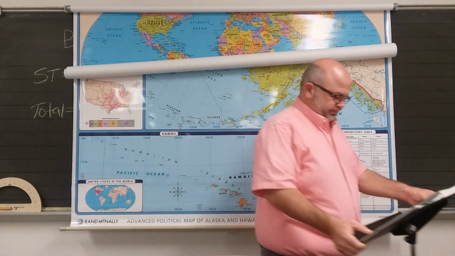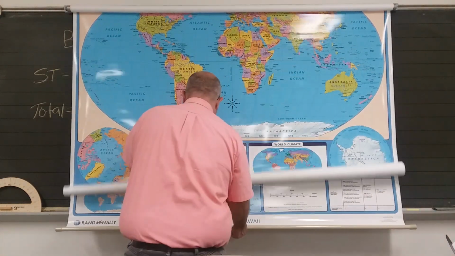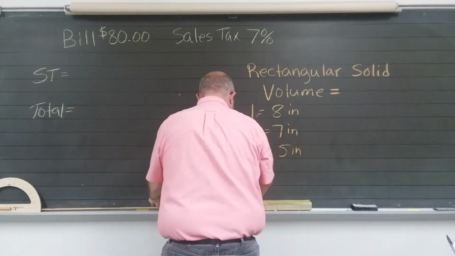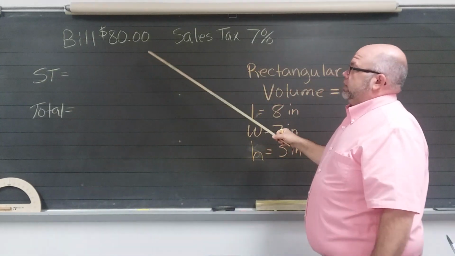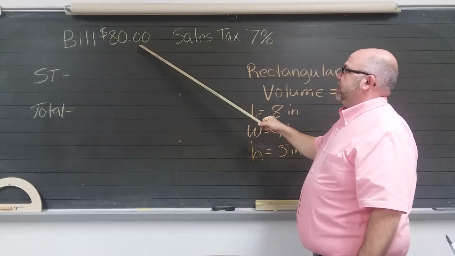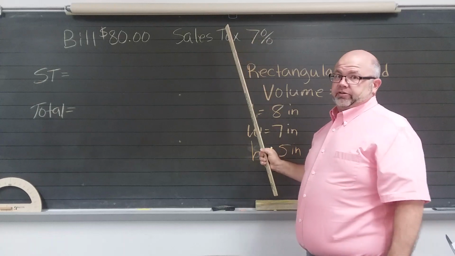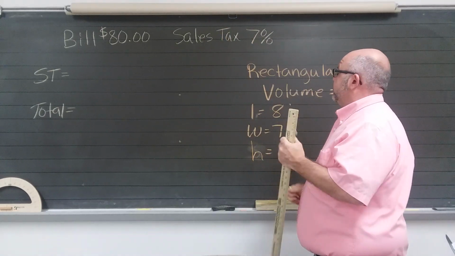Just a couple things in review on the board. Looking at this first, you have a bill of $80, a sales tax of 7%.